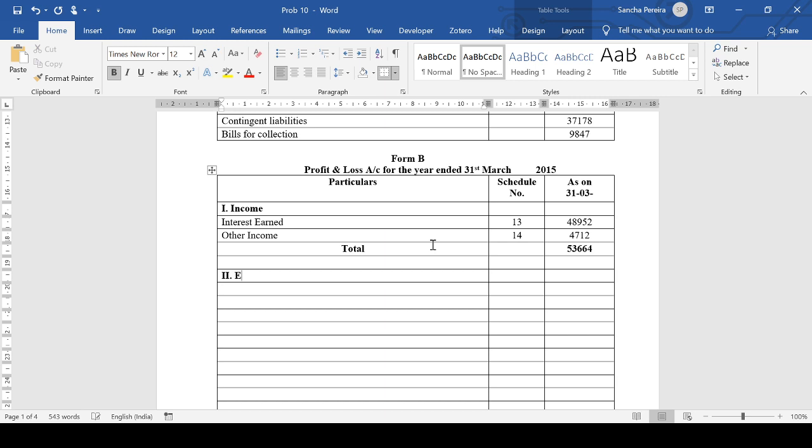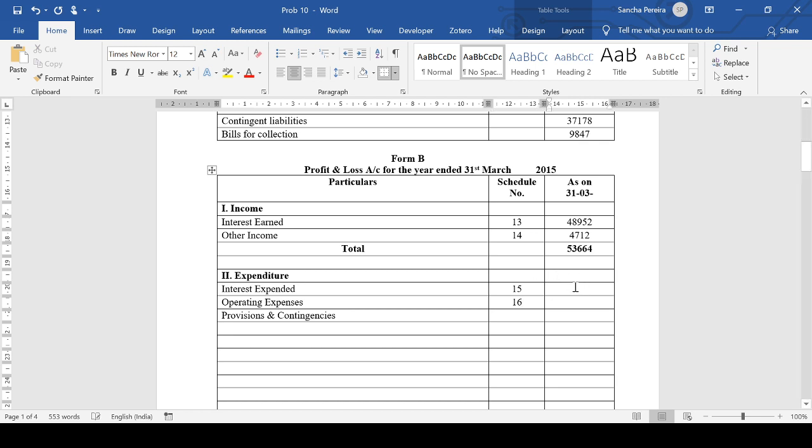Next is expenditure. Interest expended, operating expenses, provisions and contingencies. So interest expended is here 15, 16. We don't have a schedule for provisions and contingencies.